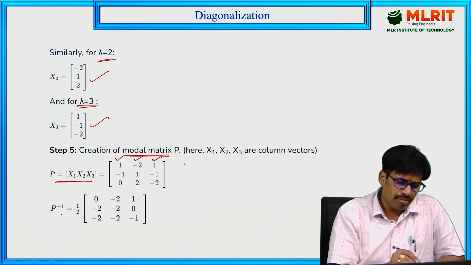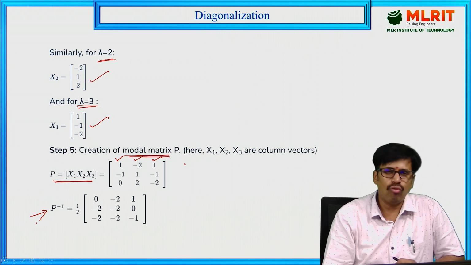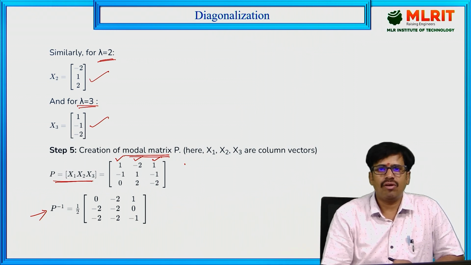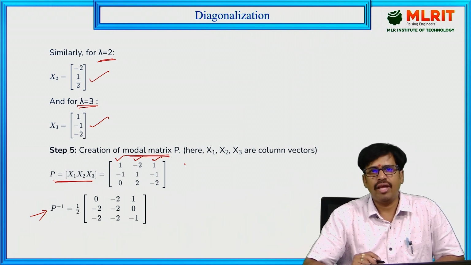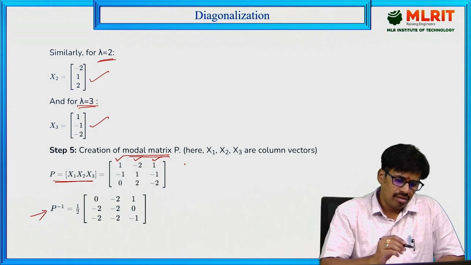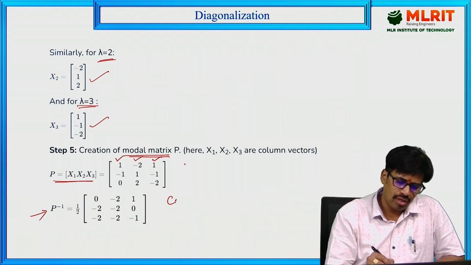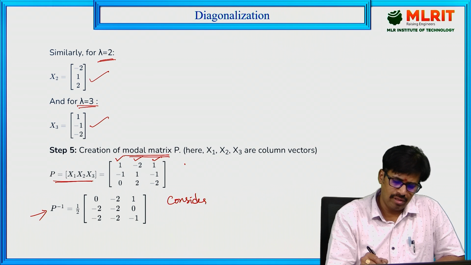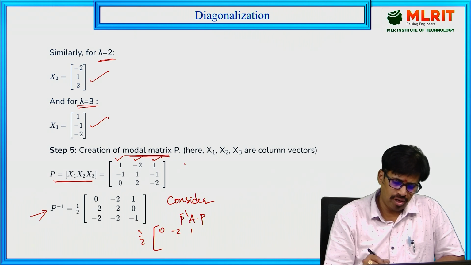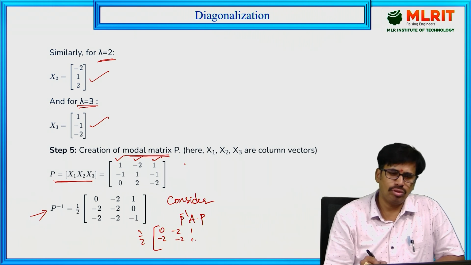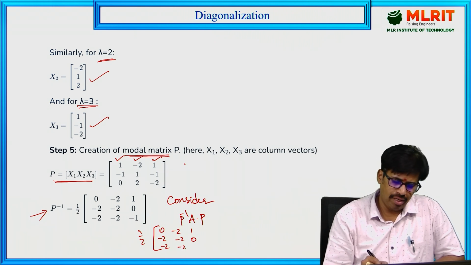After writing P, we have to find P inverse. By using your calculator, we can easily find the inverse of a matrix. After finding this, we have to consider P inverse into A into P. So P inverse is 1 by 2 times the matrix 0, minus 2, 1, minus 2, minus 2, 0, minus 2, minus 2, minus 1, into the A matrix.